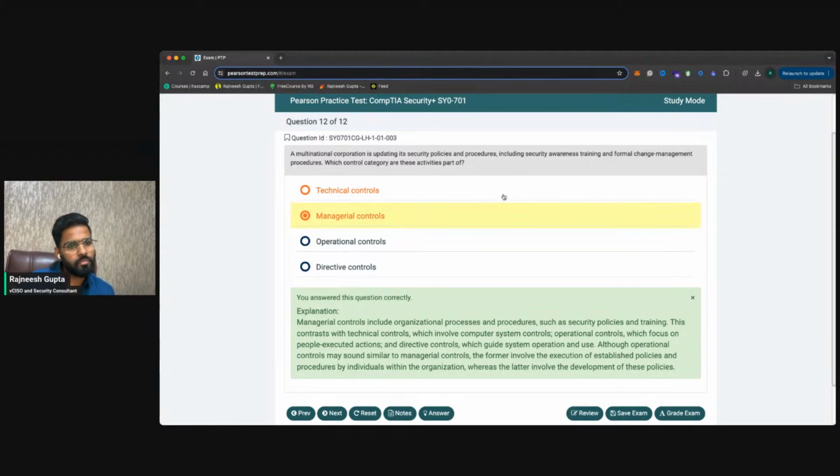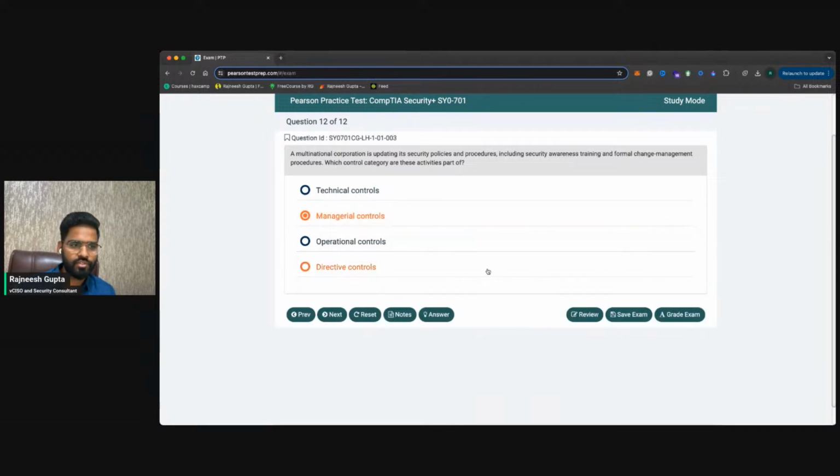When it comes to the bottom, the technical level, the ground level, that's where the guidelines are created: this can be the right password, that cannot be the right password, and the do's and don'ts. So this is how the policy gets converted into procedures, which get converted into guidelines. Of course, it could be vice versa. Different organizations follow different structures altogether.